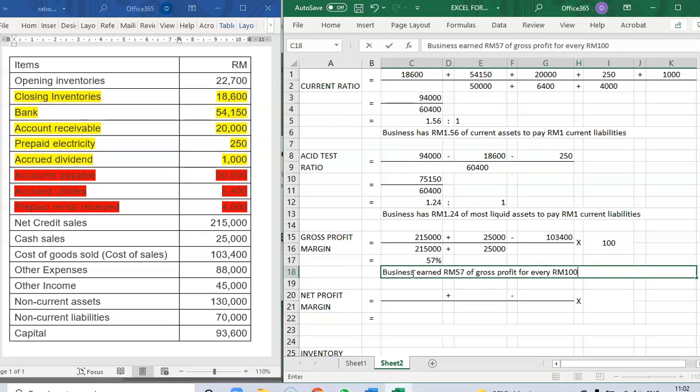So you use 100 ringgit of sales. That is the explanation for gross profit margin.